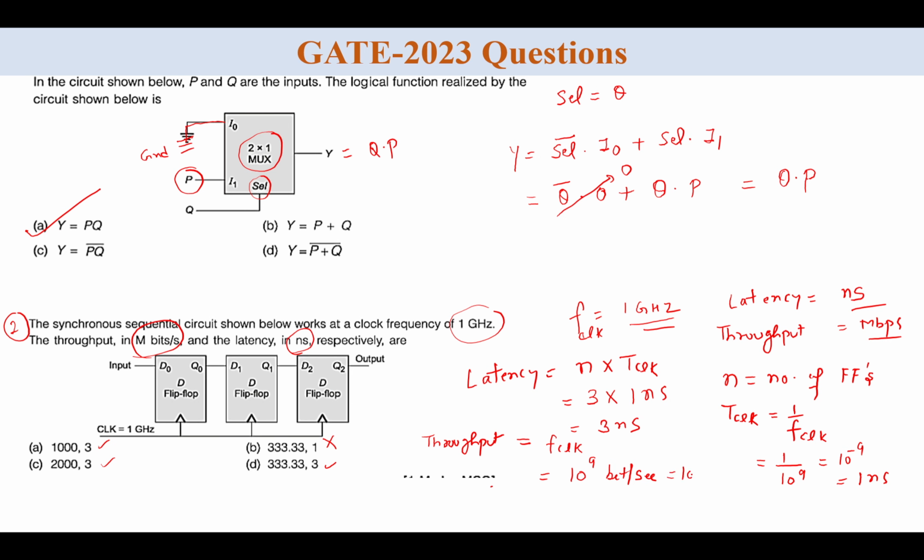So can we write it this way, 10 to power 6 into 10 to power 3? 10 to power 6 represents mega, and 10 to power 3 we write as 1000. So 1000 megabyte per second. So option A is correct, because throughput is 1000 megabyte per second. So this is the last year GATE exam question of this type.